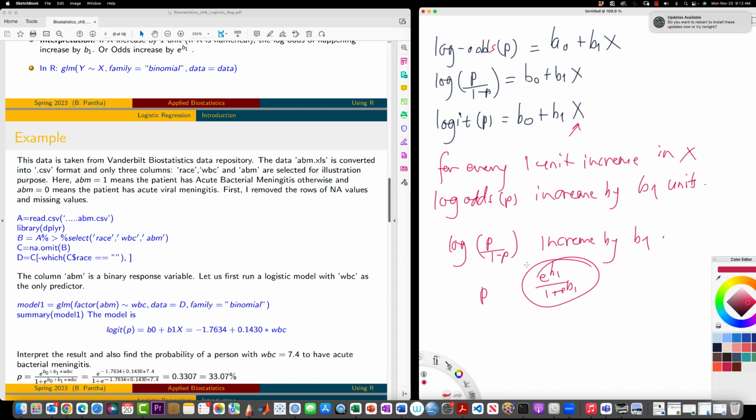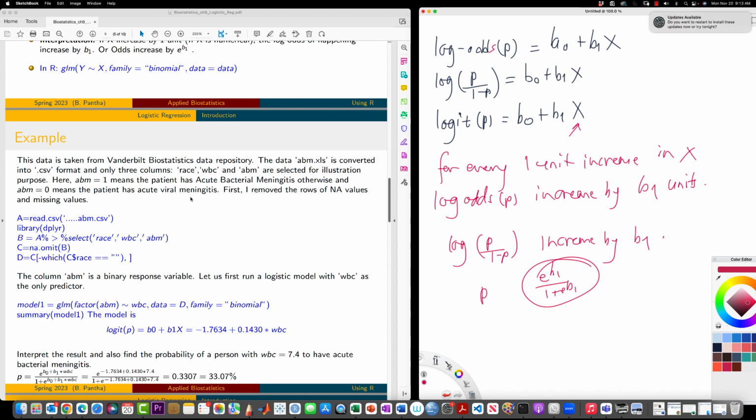The data we are talking about in the example is taken from the Vanderbilt Biostatistics data repository. The data abm.xls is converted into .csv format, and only 3 columns, race, WBC and ABM, are selected for illustration purposes. Here ABM equals 1 means the patient has acute bacterial meningitis, and ABM equals 0 means the patient has acute viral meningitis.